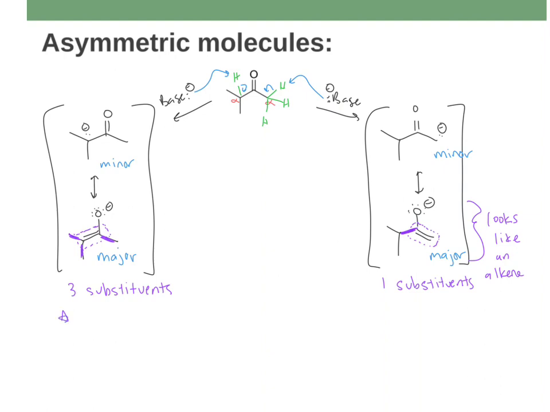So that means this was the more stable alkene, and therefore it's the more stable enolate.